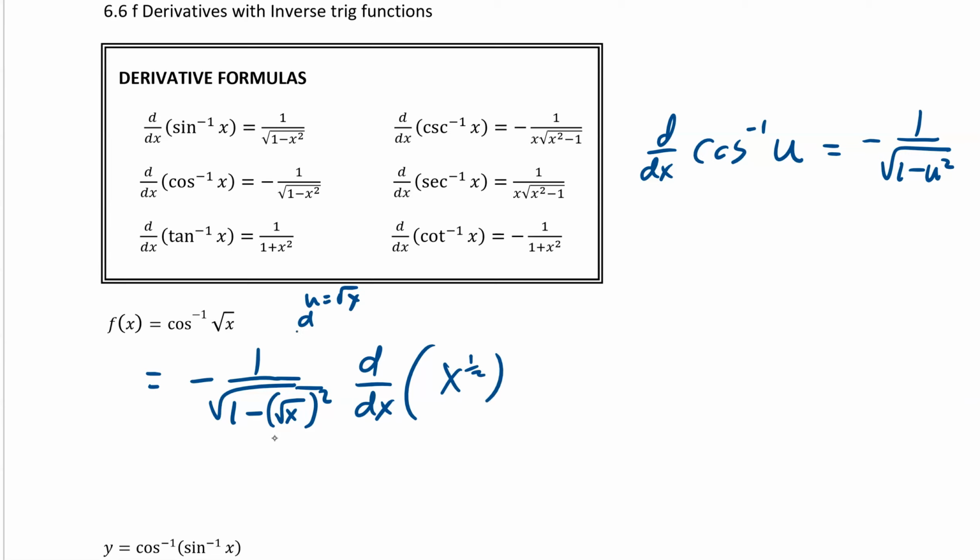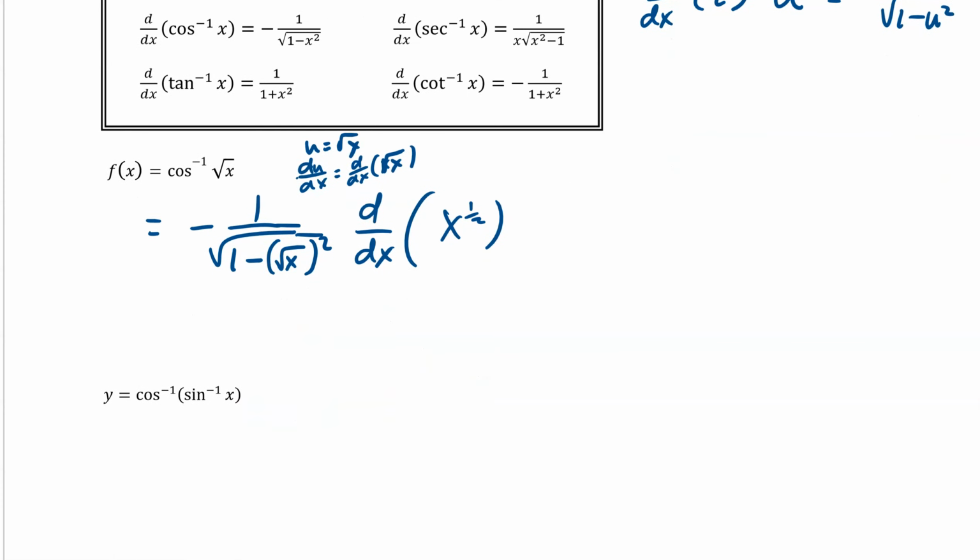So you still need to find du/dx of this guy right here. All right, so we do that derivative, we get 1/2 x to the negative 1/2. And so putting all that together, we would now get negative 1 over the square root of 1 minus x. You can see that those change. And to get mathematically correct here, every time you square something, you have to put parentheses around it.